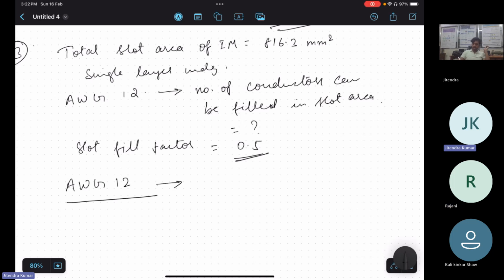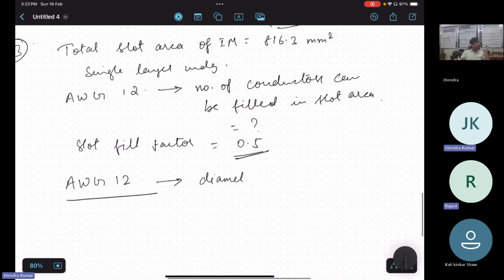Its diameter is 2.053 mm, and its area is 3.31 mm square. So this is the area of the wire and the diameter of the wire.